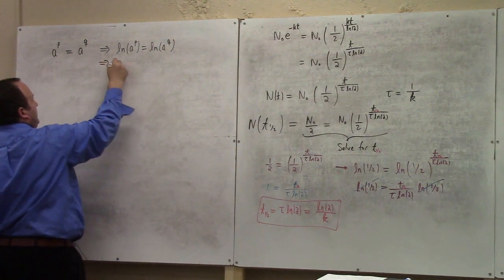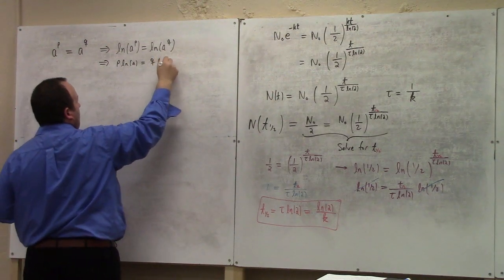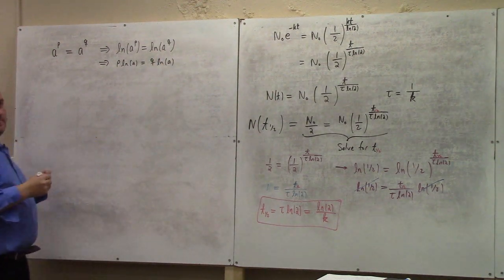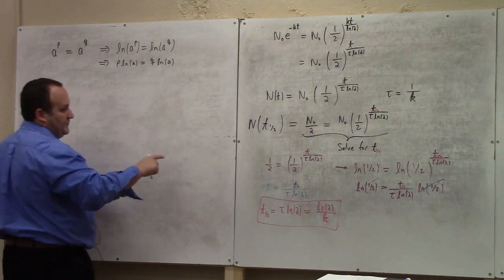Which implies that p log a equals q log a. And of course, if I just took log base a of both sides, I'd immediately get p equals q anyway. I took the natural log just to make a point, because that's what we were doing over here.